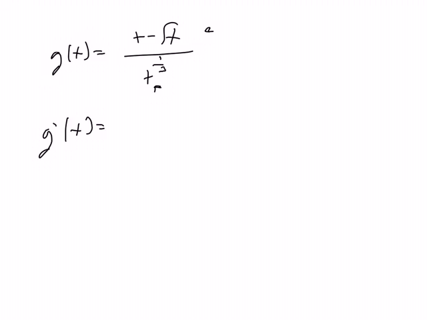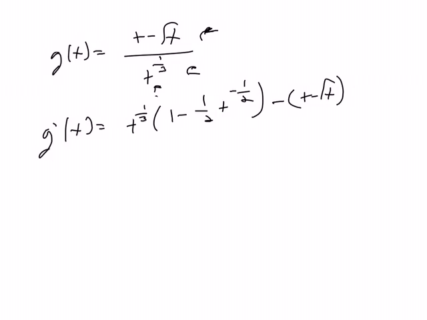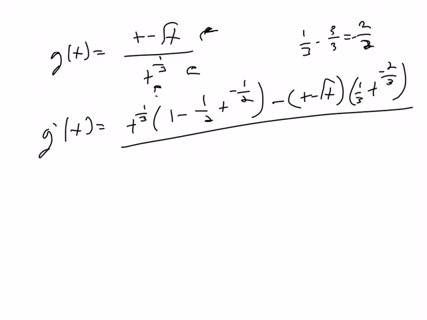It's the bottom, t to the 1 over 3, times the derivative of the top, 1 minus a half t to the negative a half, minus the top, t minus the square root of t, times the derivative of the bottom, 1/3 t to the negative 2 over 3, since 1/3 minus 1 gives negative 2 over 3, all divided by the bottom squared, t to the 2 over 3. Okay, so that was problem 34.